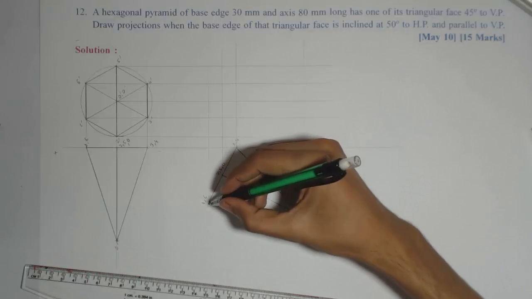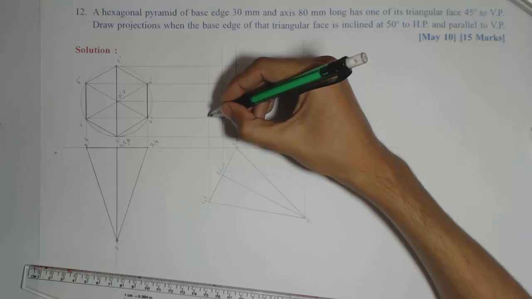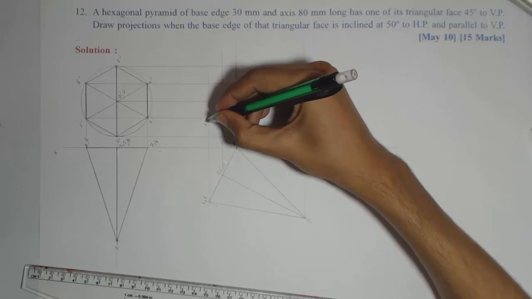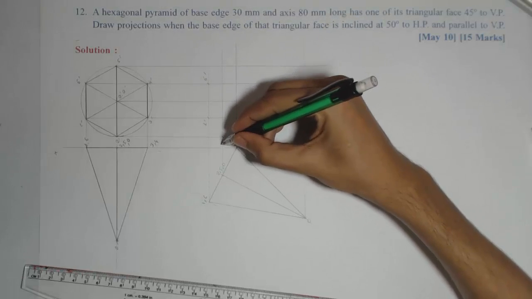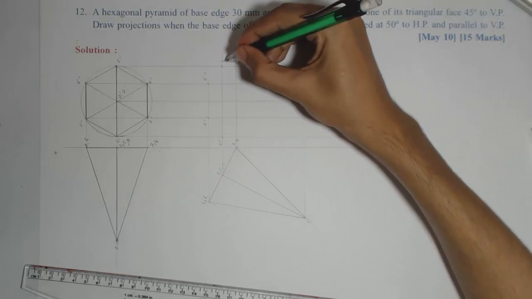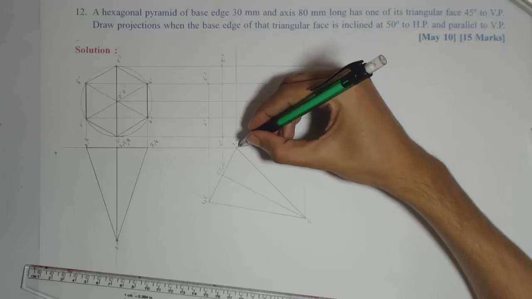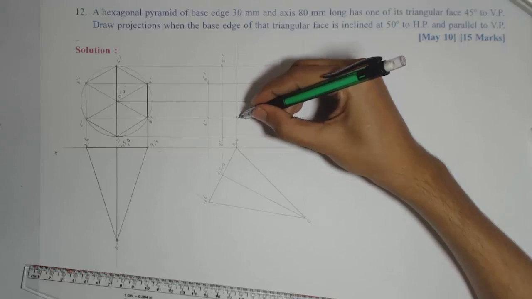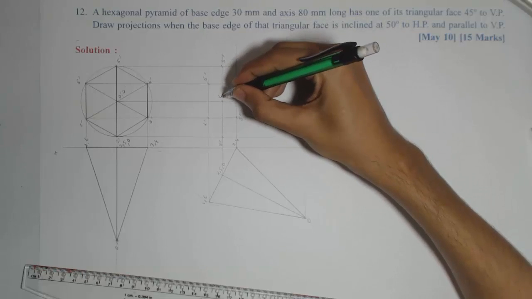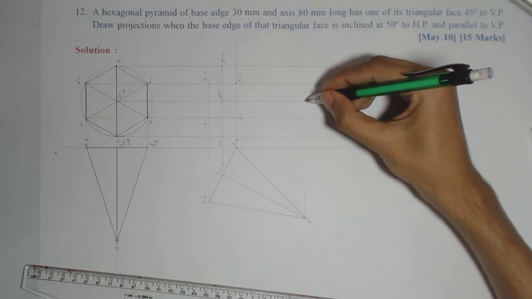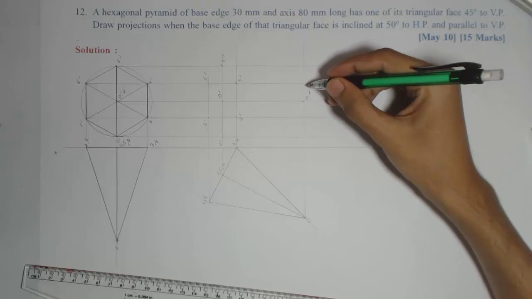Now we'll mark the corresponding points 1 and 6. So 1 dash, 6 dash will be here, then 2 dash and 5 dash, 2 dash will be here, 5 dash will be here, 3 dash and 4 dash, so 3 dash again here, 4 dash here, then center of the base O dash, and then the apex here, O dash.